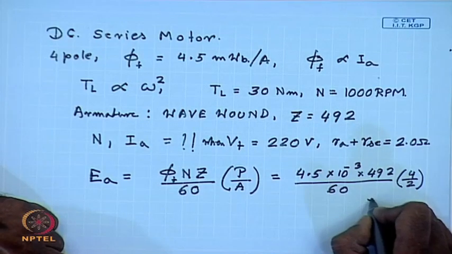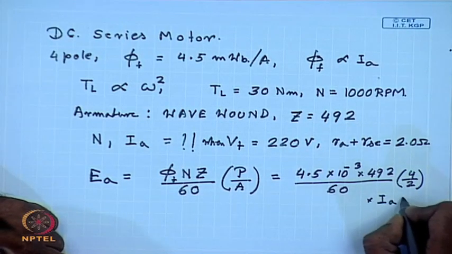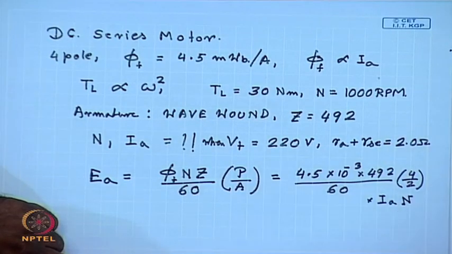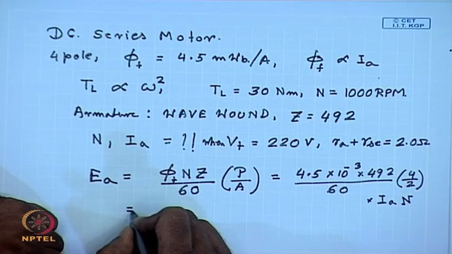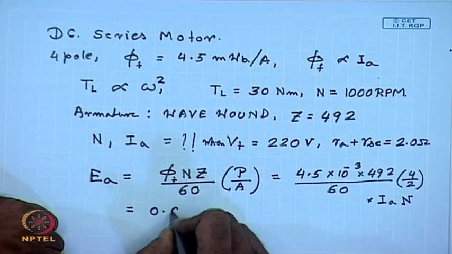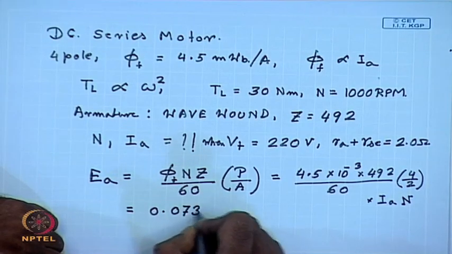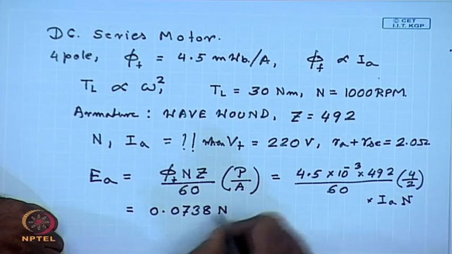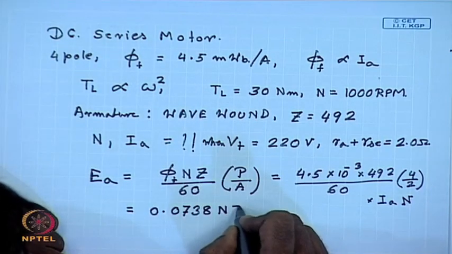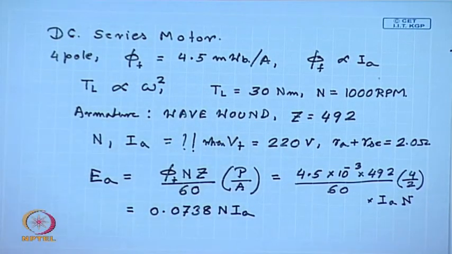Into armature current into RPM. So, EA equal to 0.0738 into IA. This assumes linear magnetization curve.